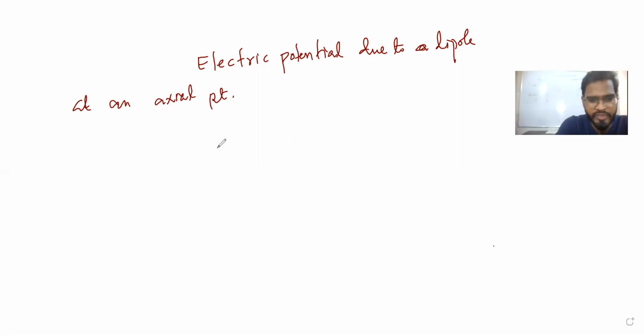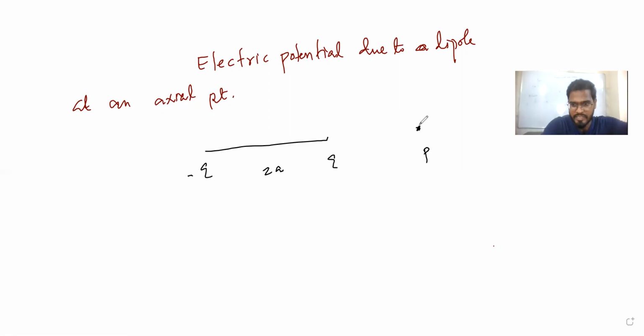Let's change the color. We have more colors. Minus q, plus q, 2a distance. At this point we want to find the potential. Guys, as in the last question of the first lecture of this chapter, if it is a line charge then we are supposed to do integration, but here two point charges are there, it is not a line charge.